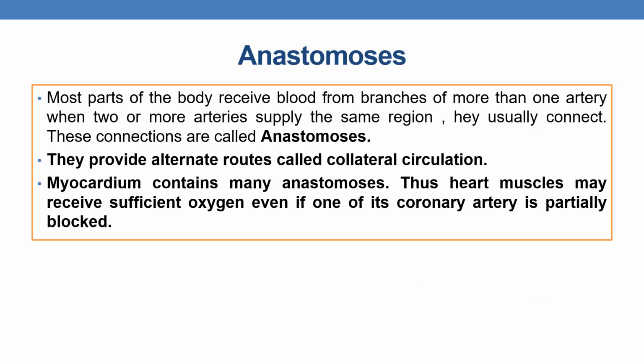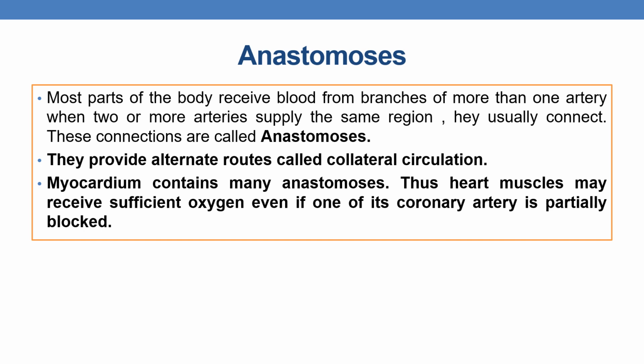Now coming to anastomosis. Most parts of the body receive blood from branches of more than one artery. This is an important point. When two or more arteries supply the same region, they usually connect, and these connections are called anastomoses.